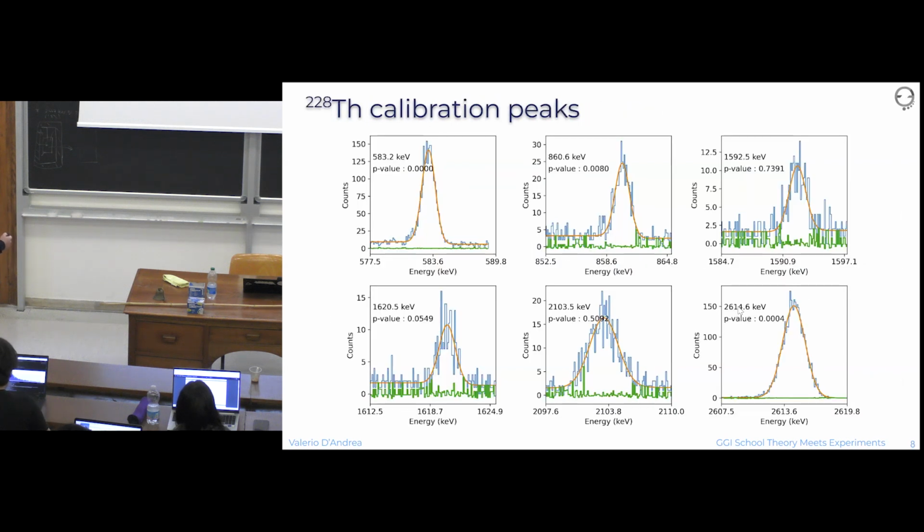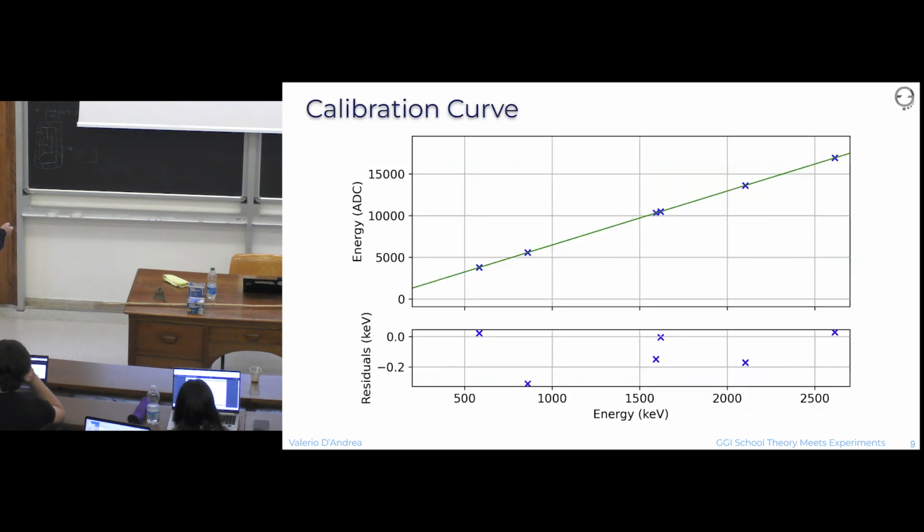So basically, you need to find the 7 peaks and calculate the position of each peak. In this example, I performed a Gaussian fit of the peak because the peaks are all Gaussian peaks, and you need to extract the position. After you calculate the position of each peak, you have 6 or 7 points, and then you can extract your calibration curve.